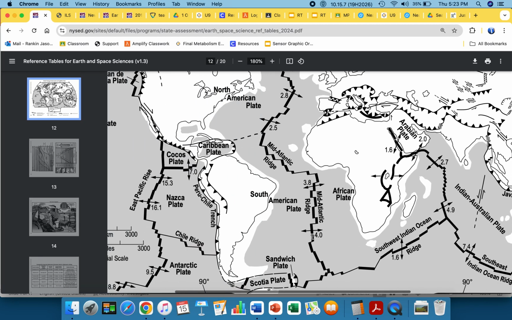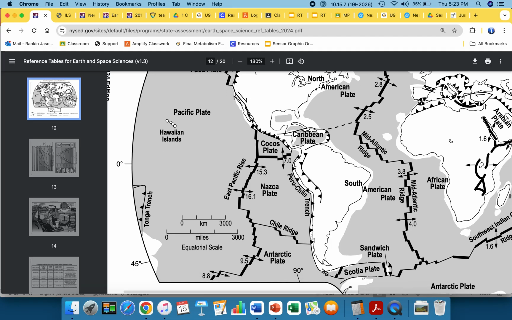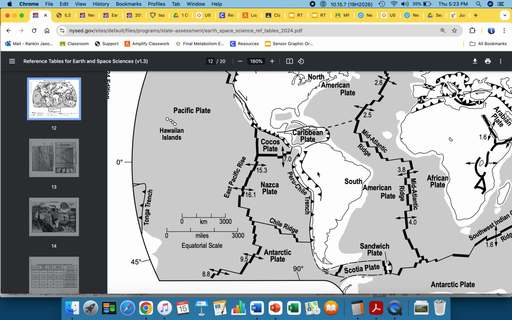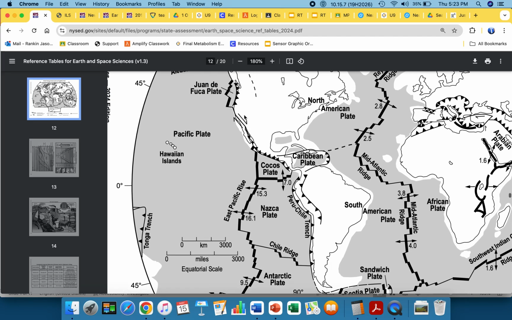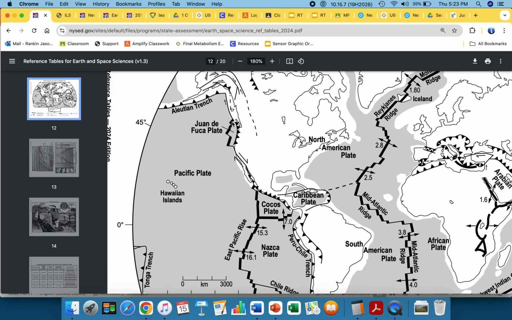Other locations we have, if you go on the other side of the Pacific, right near our western side, we have a plate boundary here for an ocean ridge, and this is a small plate called the Juan de Fuca plate.